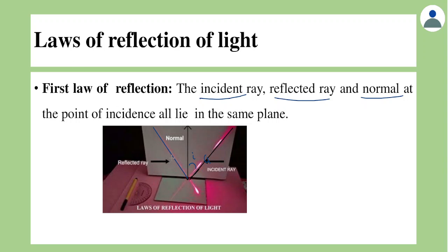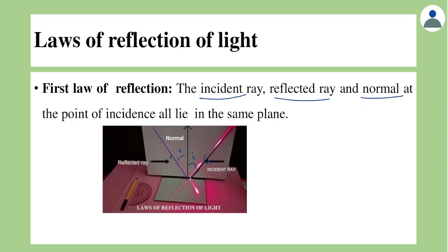It moves in the same plane only. This would be R. It is not that the light comes out of this plane. It doesn't come out anywhere. It's in the same plane only. That's the first law. It says the incident ray, the reflected ray, and the normal at the point of incidence all lie in the same plane. To make more sense of it, if you place a glass slab below this, then you find the same thing here also.